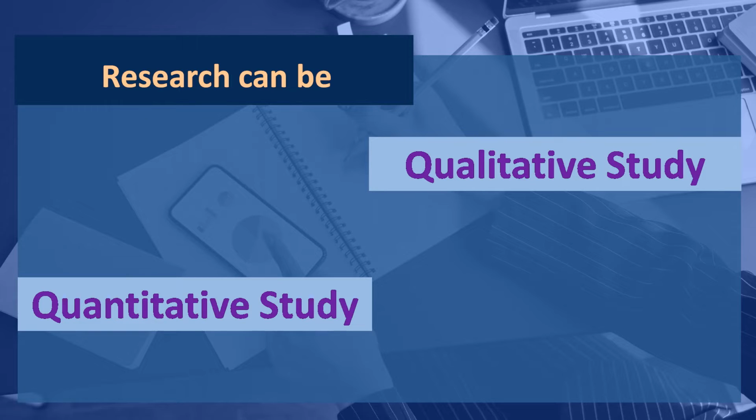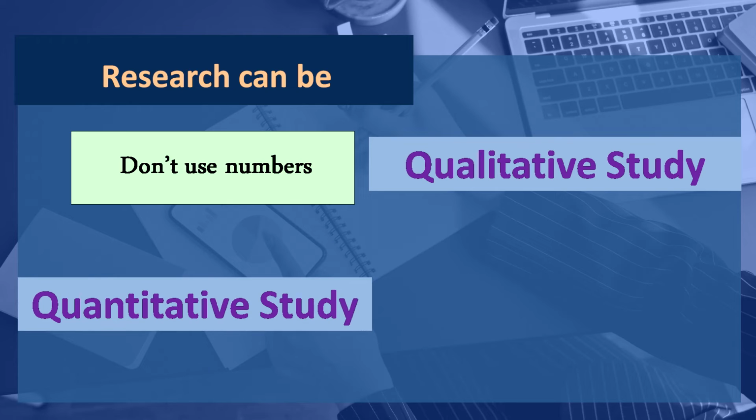We usually divide research into two segments. One is qualitative study, one is quantitative. The qualitative study is confined to a small area, going deeper into that context, and we try to interpret the scenario and understand the particular phenomenon in much more detail.